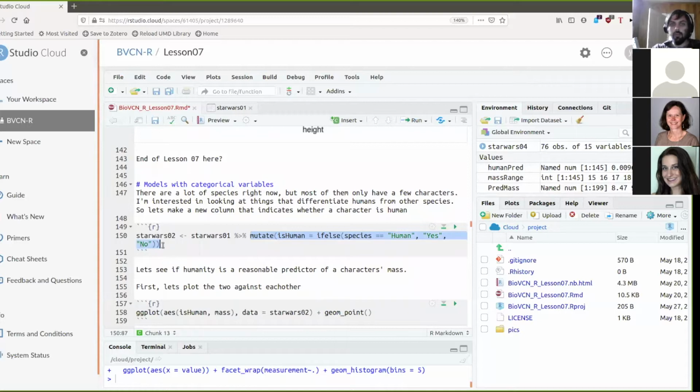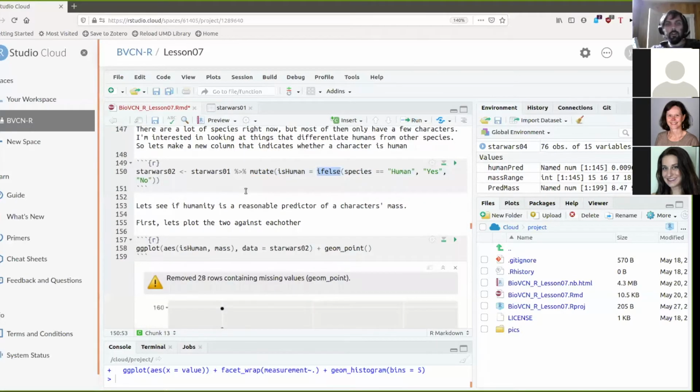If a character is human, we put yes for their species. If a character is not human, so that would be droids and Ewoks and whatever Jabba the Hutt is, although I think we omitted him as an outlier earlier, we give them a no. This if-else expression lets us do that. If it's a human, yes. If it's not a human, no.